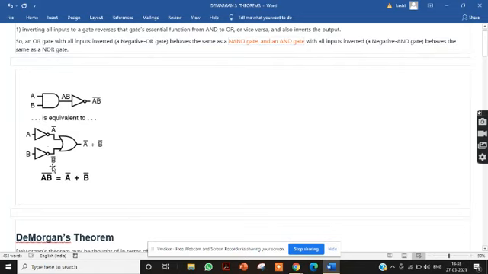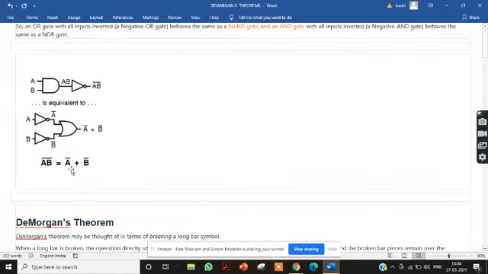Now here we are inverting the inputs. We give the input to a NOT gate, so you get A bar. Similarly, giving input to a NOT gate, you get B bar. They are given as inputs to the OR gate, so you get A bar plus B bar.